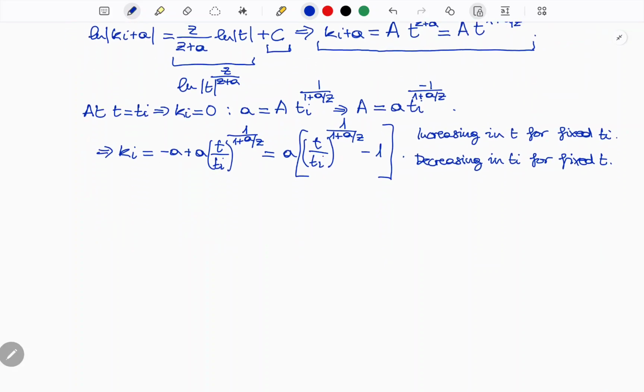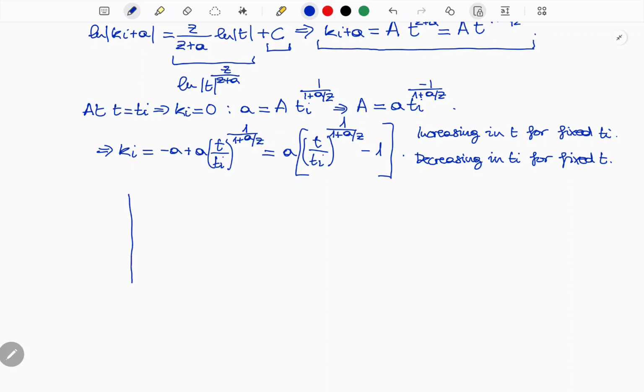For the first part, where ki is increasing with t for fixed ti, we have something like this, more or less. And this is equal to ti really, because it's 0 when a node is born. So this is not 0 really, but ti.